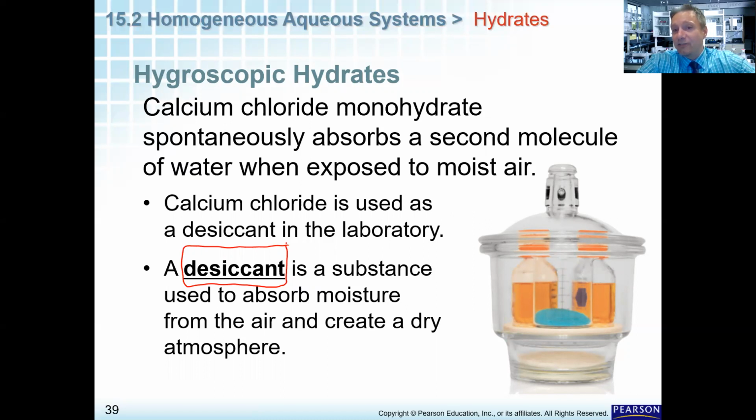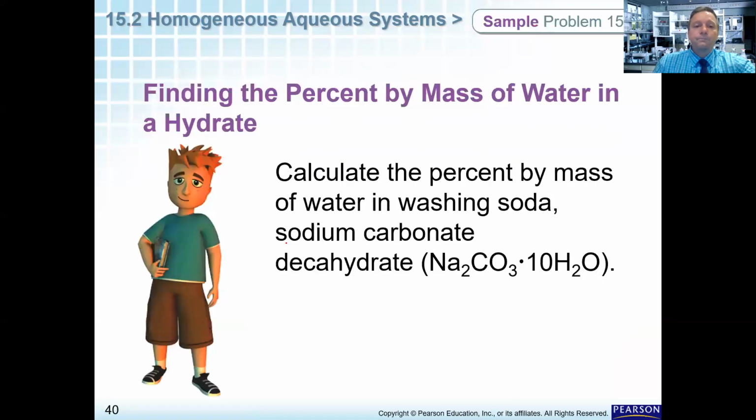You buy that stuff, and it's usually put in closets and things to keep moisture out. That's a desiccant. It will accept water vapor from the air around it to dry the atmosphere in that room. So please get that into your notes. Real important term.